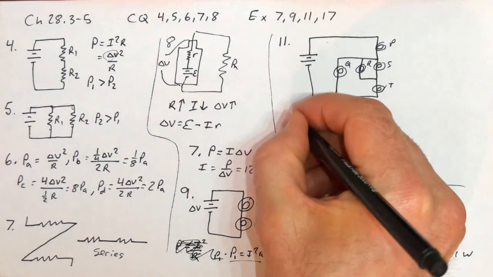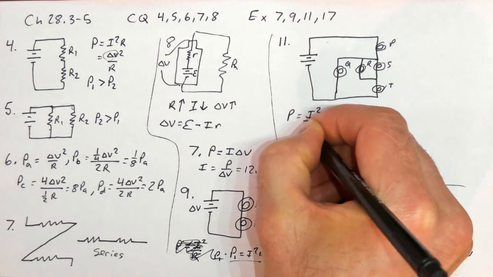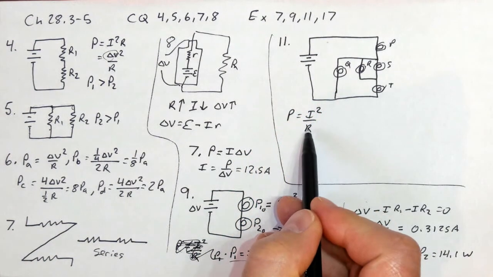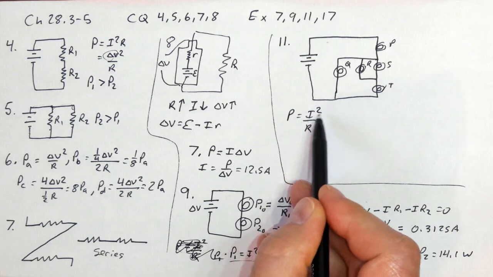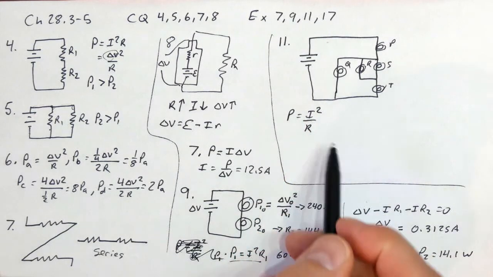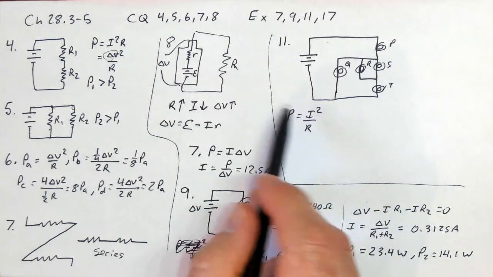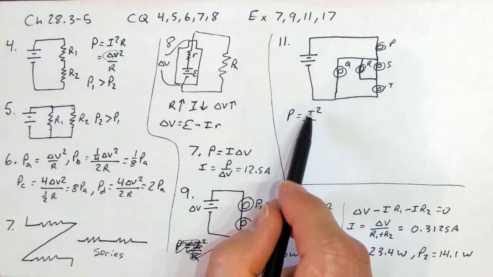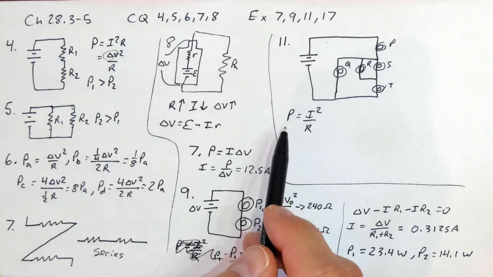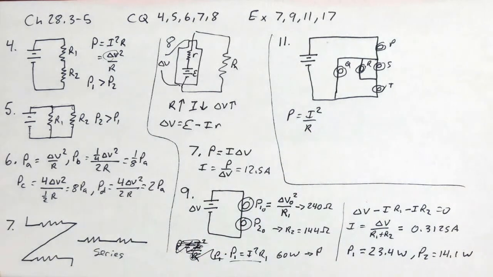By saying P equals I squared R, if the resistance of them all are the same, then all we care about is which ones are drawing more current. So this whole question is more so ranking the currents flowing through each one. Which one has more current flowing through it than any other?